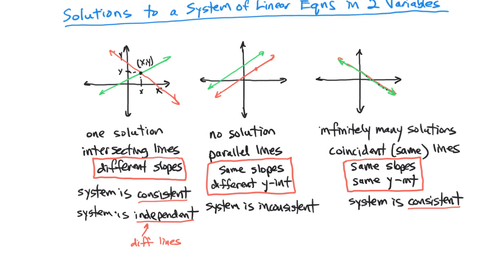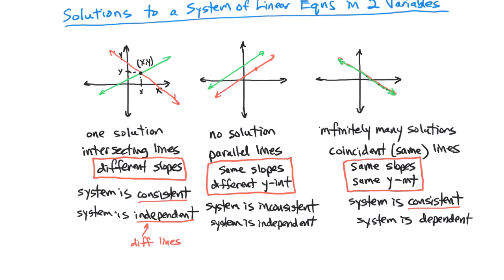There's another case where the lines are not the same, that's this case, right? So this system is also independent, because these lines are different. Now these lines are the same, so this system would be said to be dependent, which just means the lines are the same.